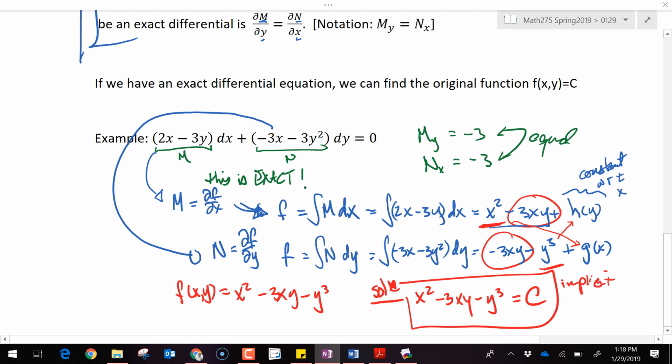And we can make a note that this is an implicit solution. Try to solve for y, it's going to be kind of hard, so just leave it like that. Okay?